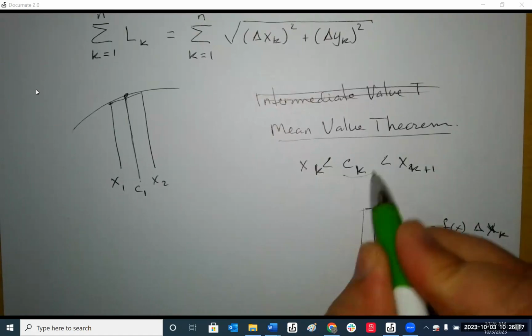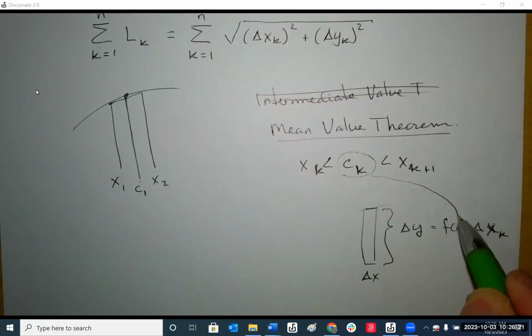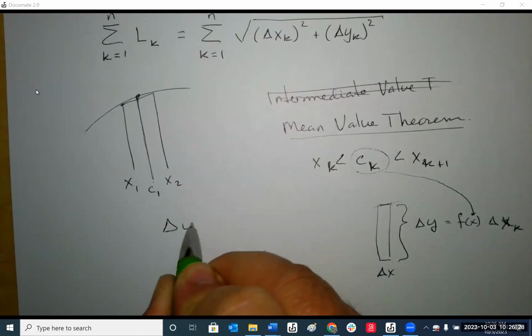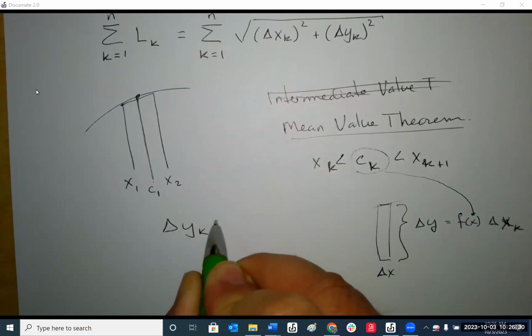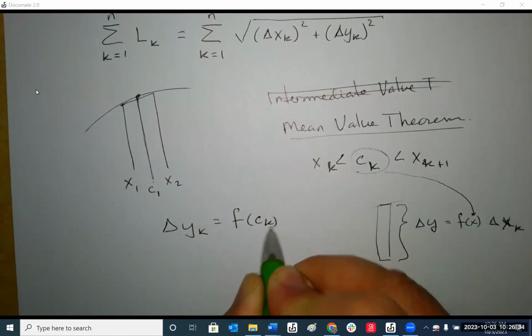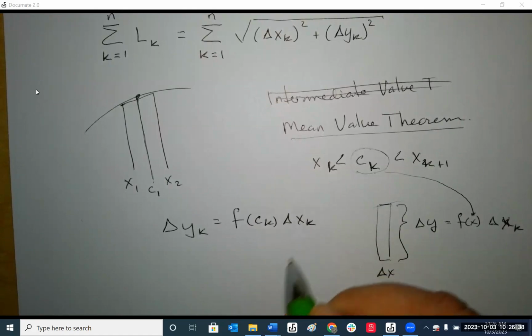And then since we're looking for the midpoint of the mean value, the average of those two points, that's what's going to go in here. So delta y sub k is now defined as our function's derivative at c sub k times delta x sub k.